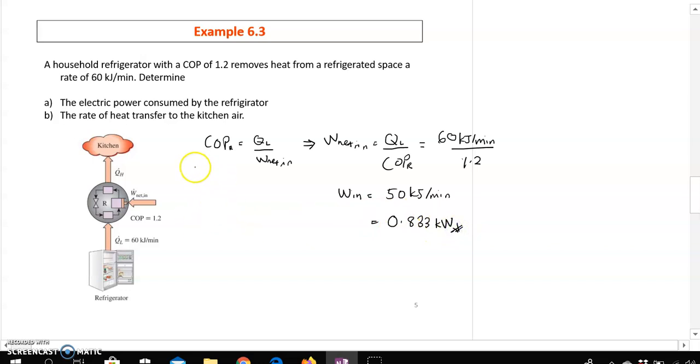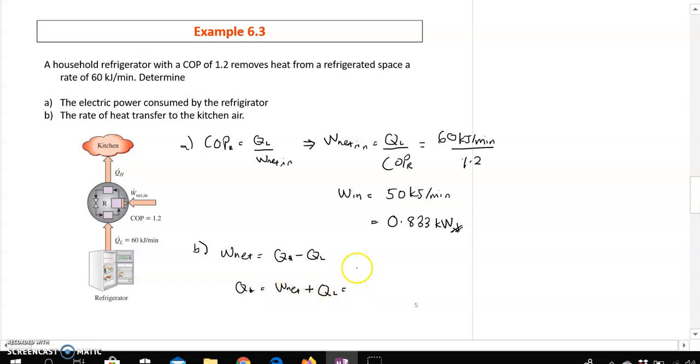For part B, we need to calculate QH. Remember the relationship: W net in is equal to QH minus QL. We want to calculate QH, so bring QL to this side: QH equals W net plus QL.